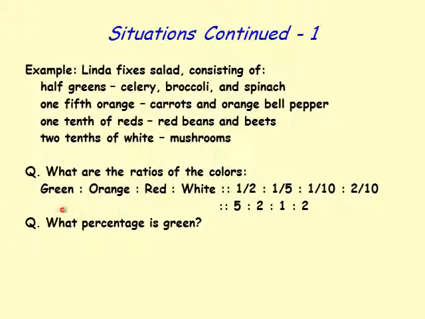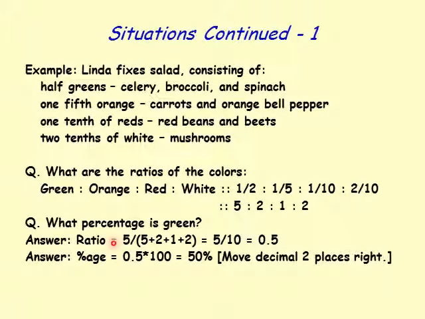So what percentage is green? It's 5 out of 5 plus 2 plus 1 plus 2, so 5 out of 10. The ratio is 5 divided by 5 plus 2 plus 1 plus 2, which is 5 divided by 10, which is 0.5.